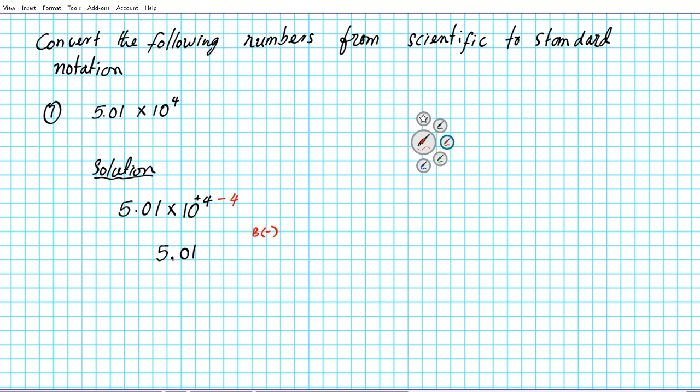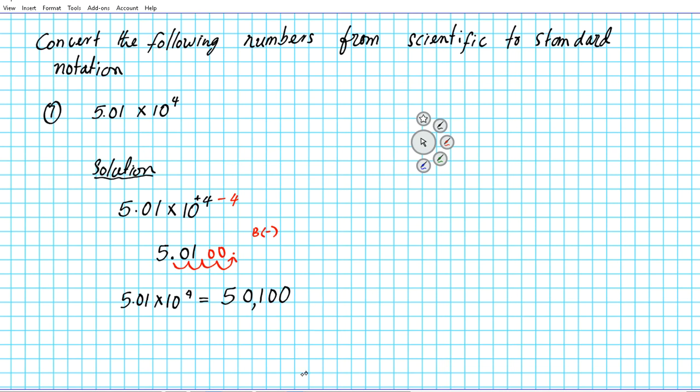So we're going to move the decimal point 1, 2, 3, 4. Voila, that's what we want. And then we're going to insert the zeros there. So 5.01 times 10 to the 4 is equal to 50,100.